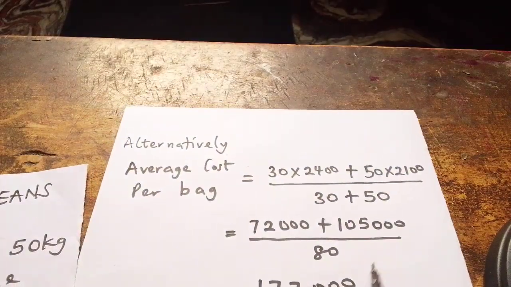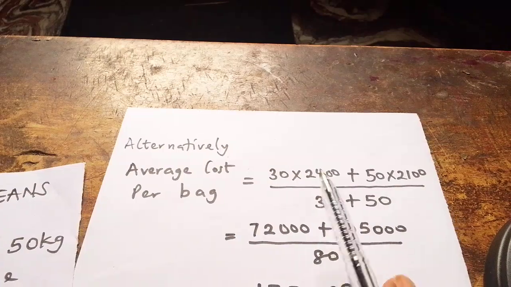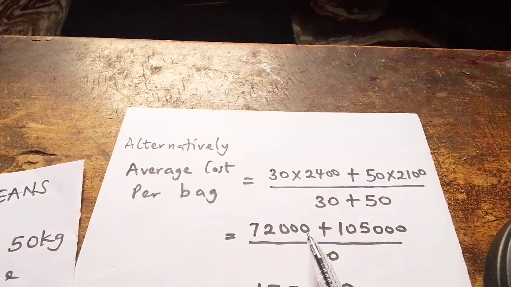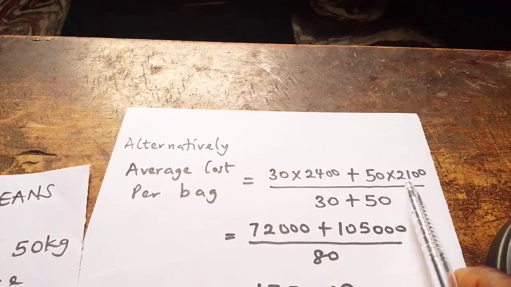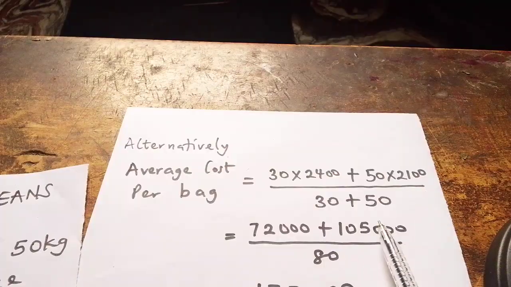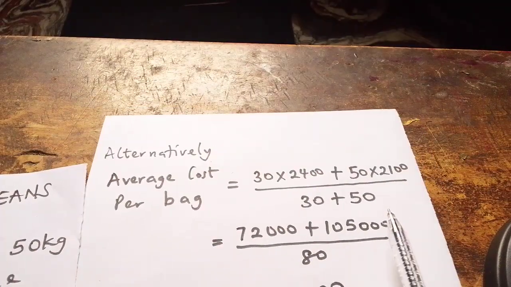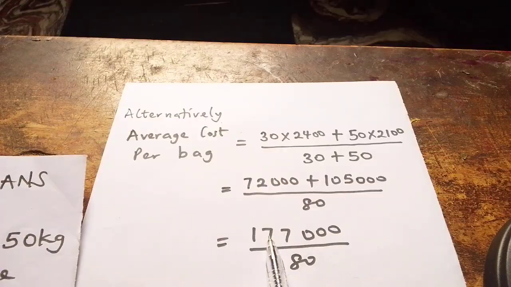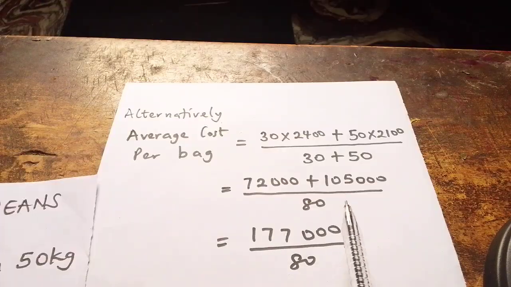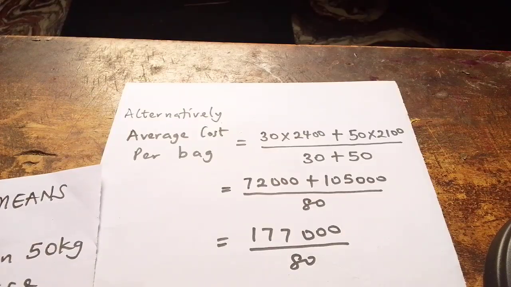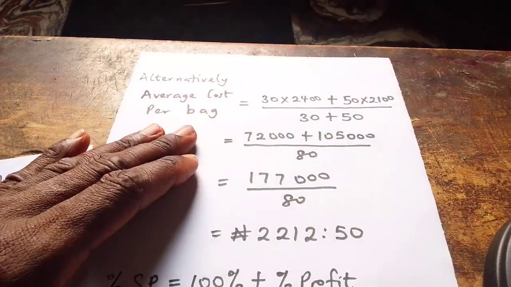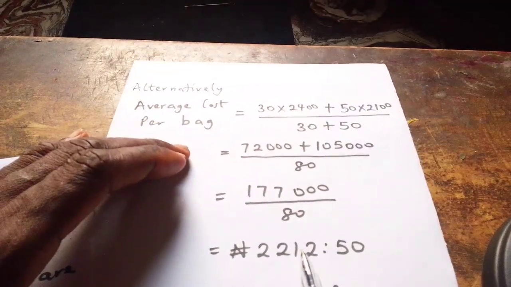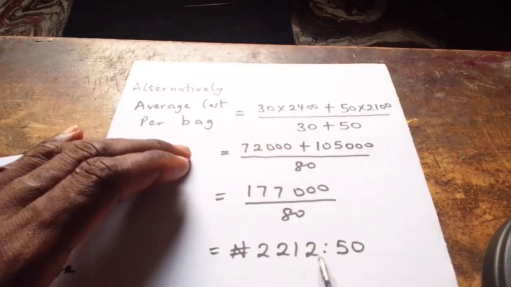So 30 times 2,400 naira is 72,000 naira, plus 50 times 2,100 naira is 105,000, divided by 30 plus 50, which is 80. So 72,000 naira plus 105,000 will give you 177,000 divided by 80, which should now come to 2,212 naira 50 kobo.